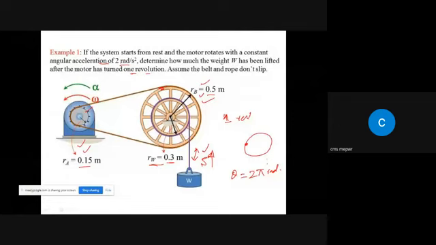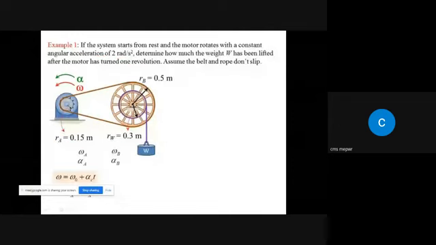As this system is rotating, it is having rotation, so let the angular acceleration and angular velocity for this motor wheel or motor pulley be omega a and alpha a, and for pulley b, let it be omega b and alpha b, right? So in this case, we can use the equation of motion for constant acceleration.